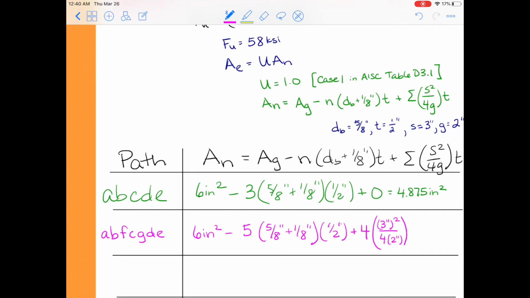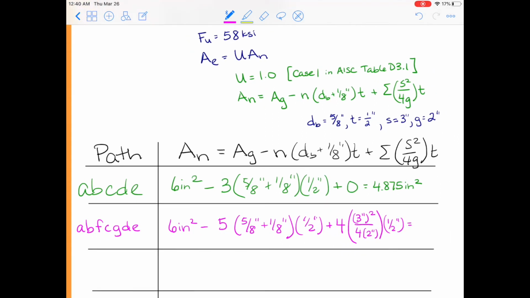We also multiply this by the 1/2 inch thickness of the plate. Alright, and we do some calculations. This will result in a value of 6.375 inches squared.